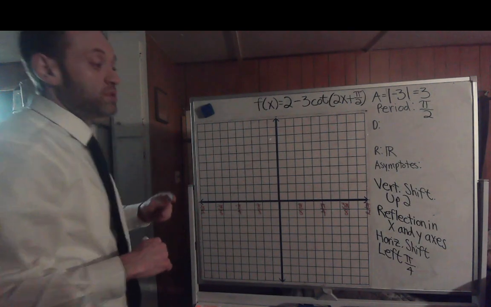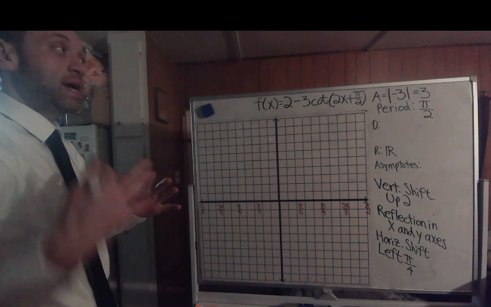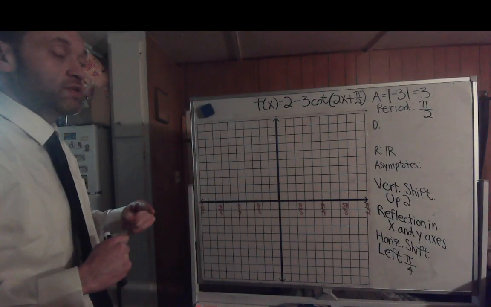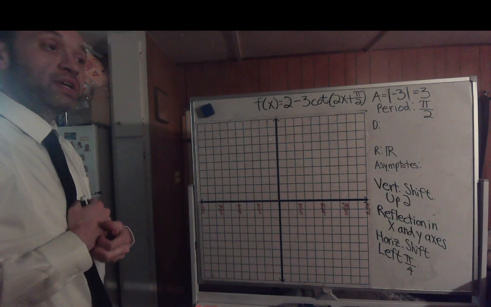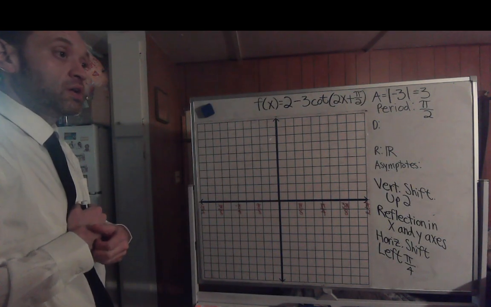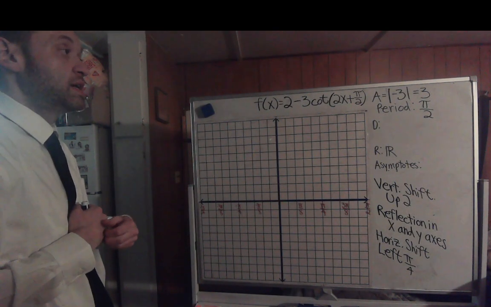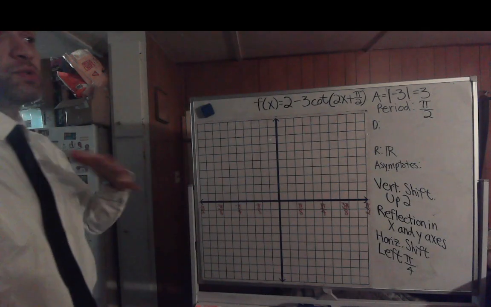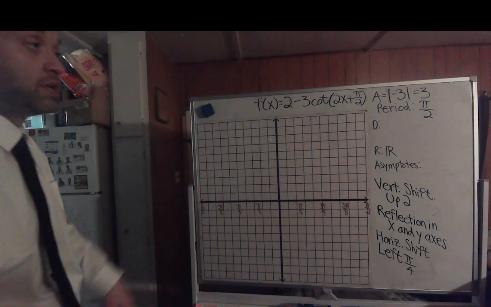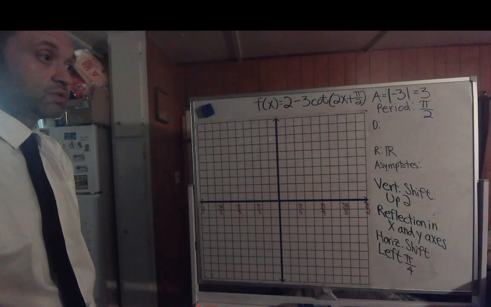And now we deal with the domain and the asymptotes. So what are your normal asymptotes of the cotangent function? They're normally the integer multiples of pi, right? Well, in this case, if you divide those by 2, you would end up getting pi over 2.